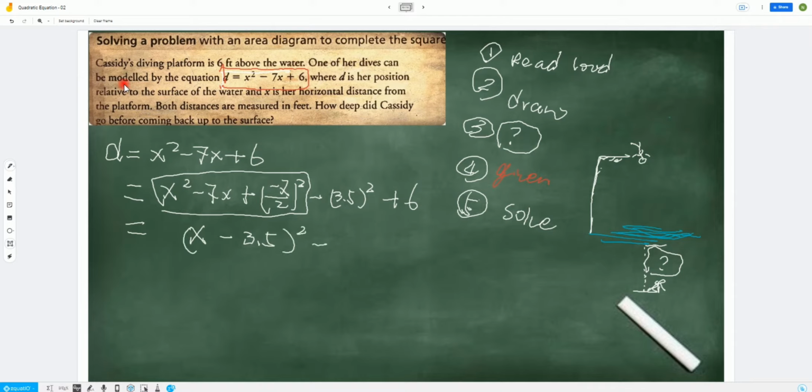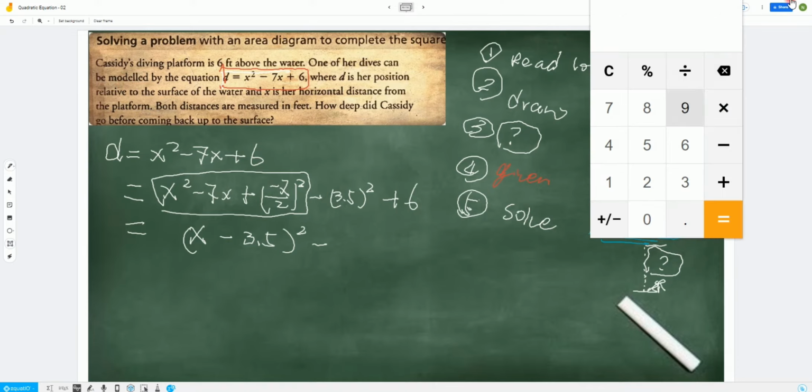Now use the calculator: 3.5 times 3.5, negate it, and plus 6, right? Equals negative 6.25.